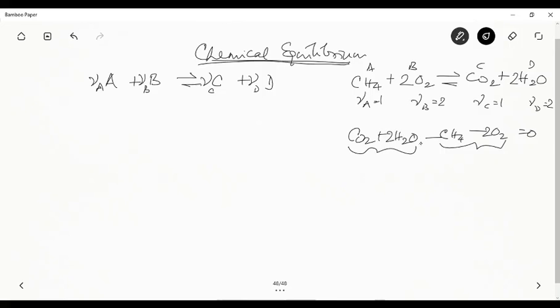So if we write the coefficients like this, then actually mu A and mu B become negative. So it becomes -1 and -2, whereas the products have a positive value of mu.